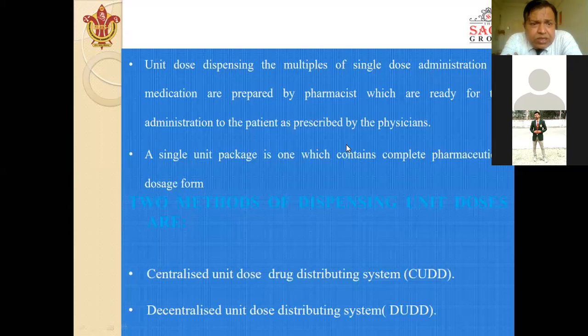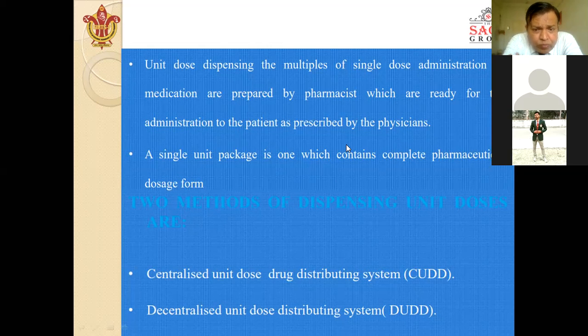Now you can see the unit dose dispensing, the multiple or single dose administration of medication is prepared by pharmacists, which is ready for administration to the patient as prescribed by the physician. A single unit package is one which contains a complete pharmaceutical dose form for one time.